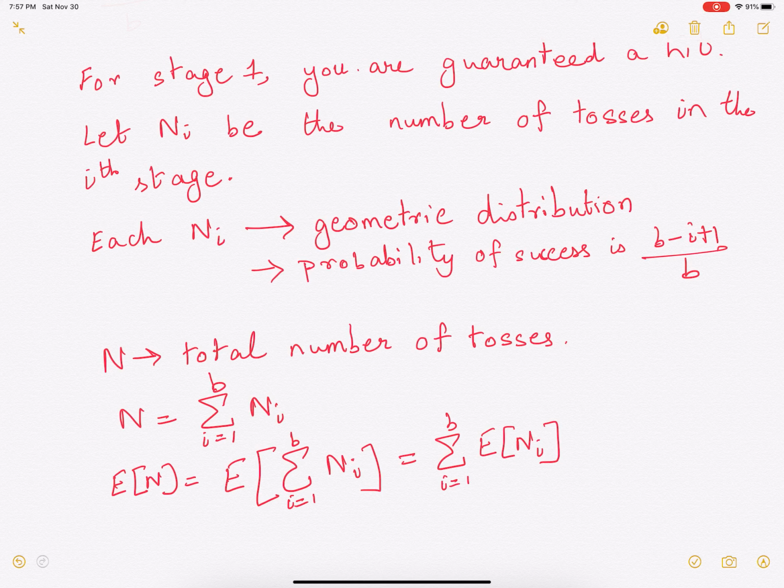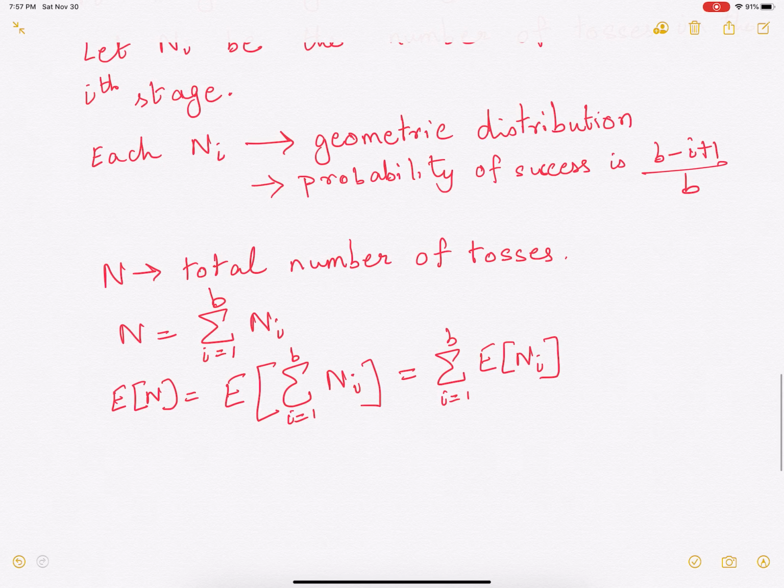Now Ni is a geometric random variable, because it's a geometric random variable with probability of success b minus i plus 1 divided by b. The expectation of Ni is going to be 1 over the probability of success. Because it's 1 over the probability of success, it is nothing but b by b minus i plus 1. So that's the expectation of Ni.